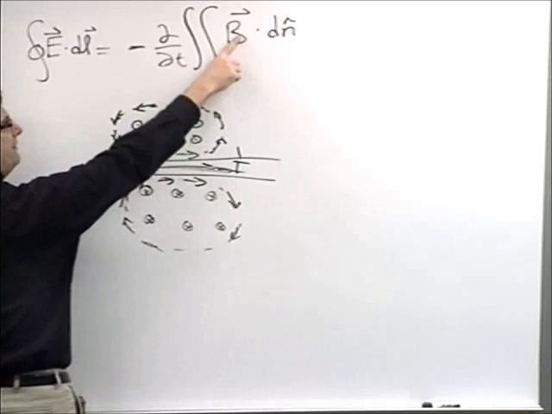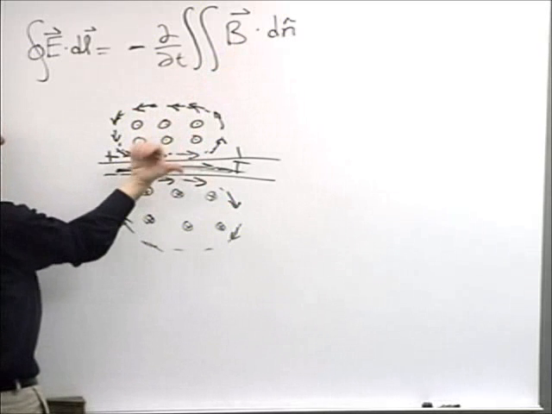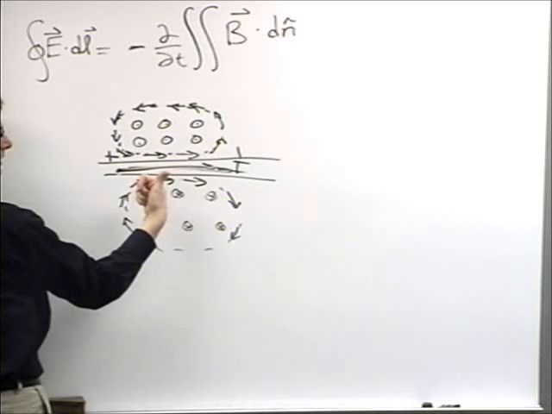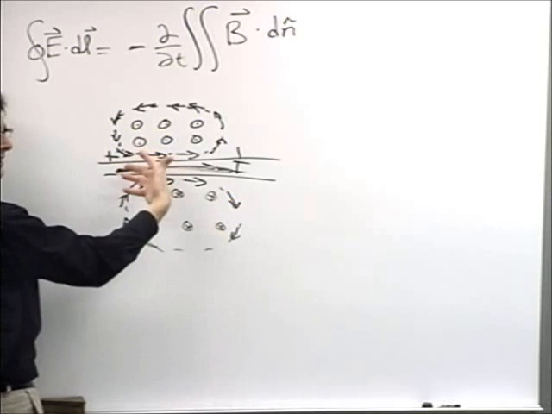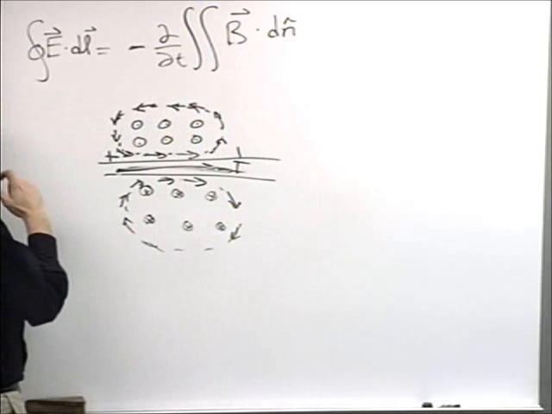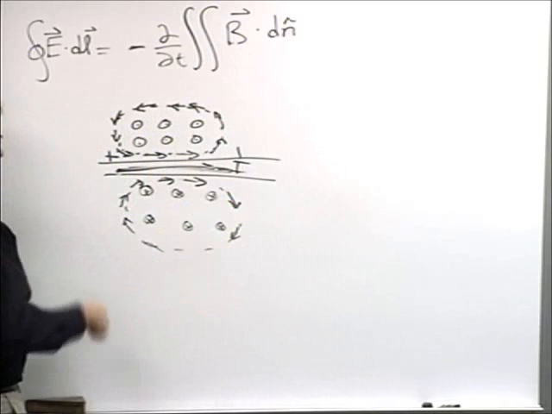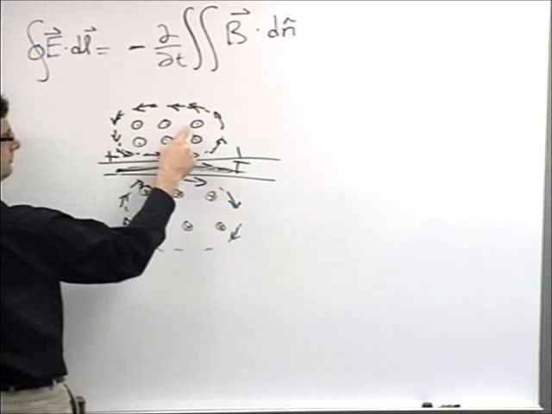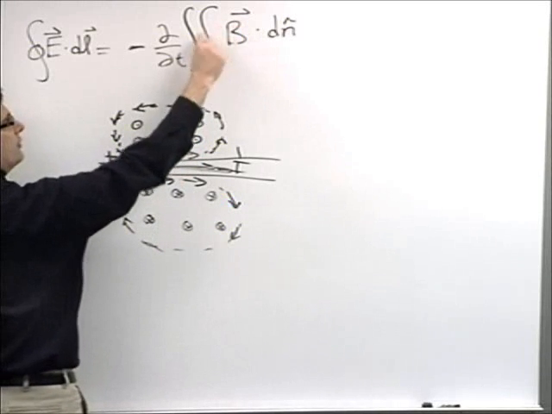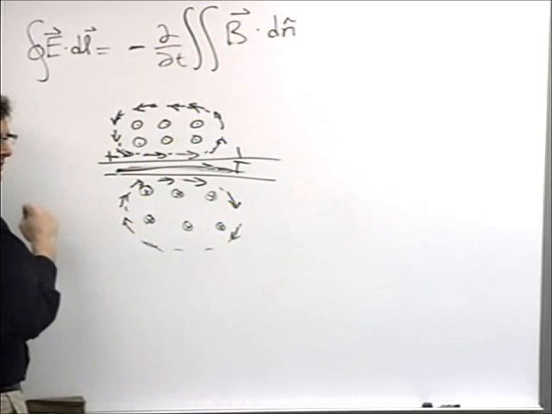Then the B field, the magnetic field that circulates around this wire, will also try to shrink, right? Because B field is always proportional to I via the inductance. Now, if that B field starts to shrink, the derivative is going to be negative with respect to time.